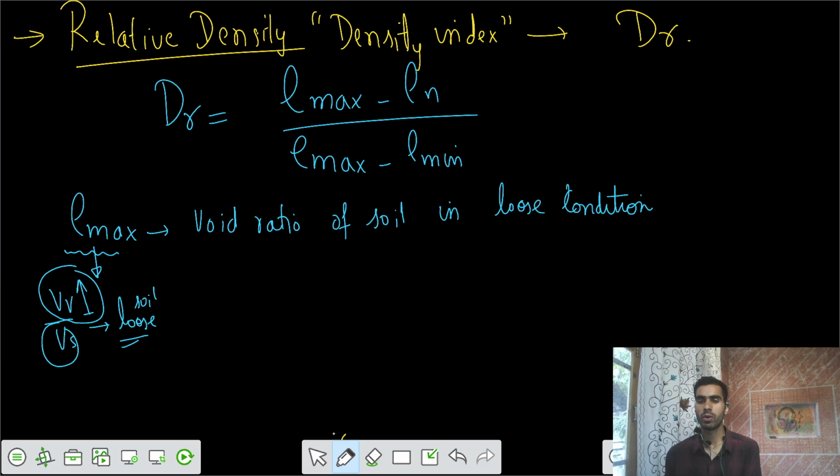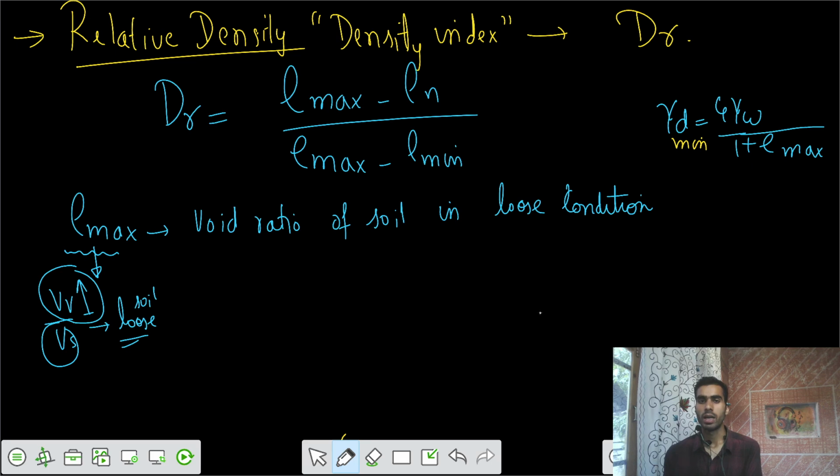We have one more equation: gamma dry equals G gamma w by 1 plus e. If e is maximum, the soil is loose, so gamma dry, the dry density, would be minimum.